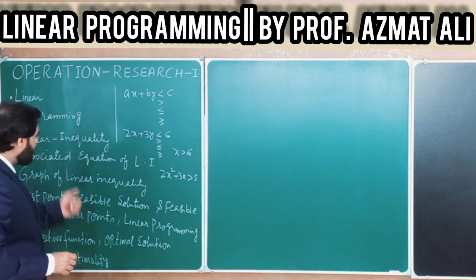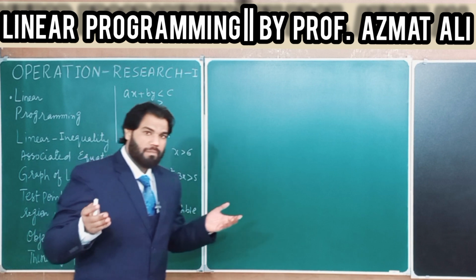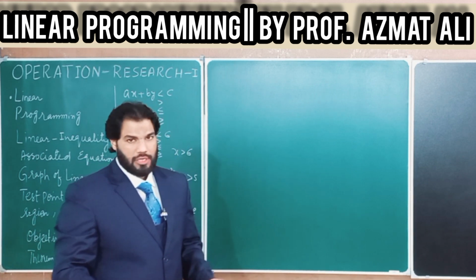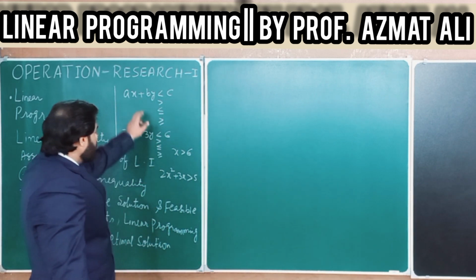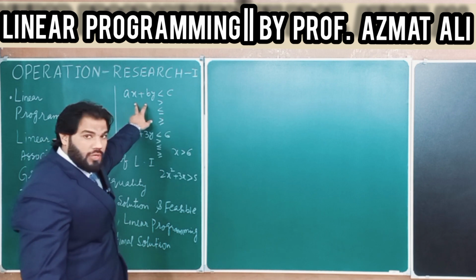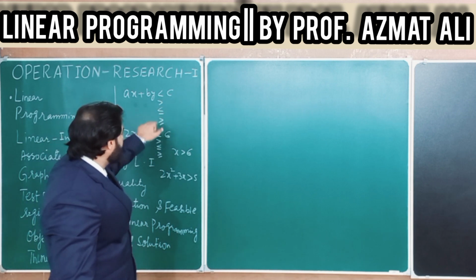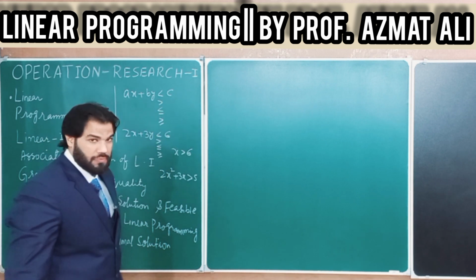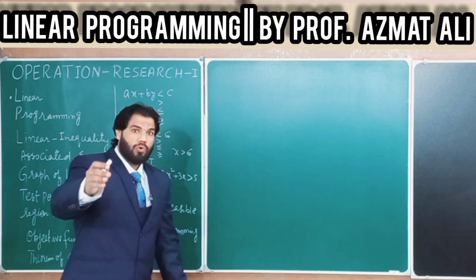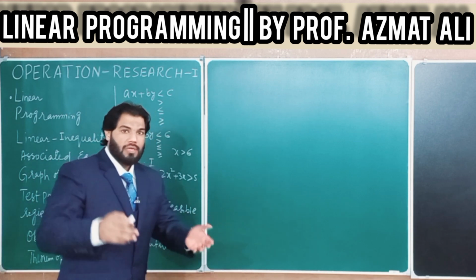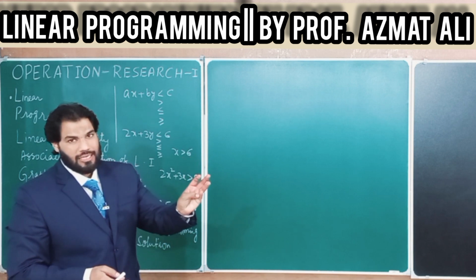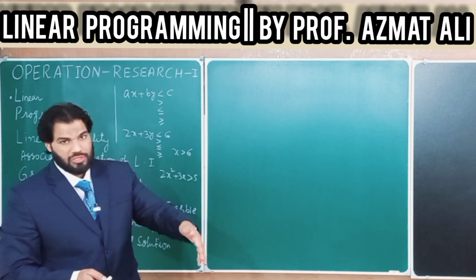Next, what does mean by the associated equation of linear inequality? As you can see that here there are the four types of inequality: ax plus by less than c, greater than c, less than equal to c, greater than equal to c. These four inequalities involve less than sign, greater than sign, less than or equal sign, greater than or equal to sign.